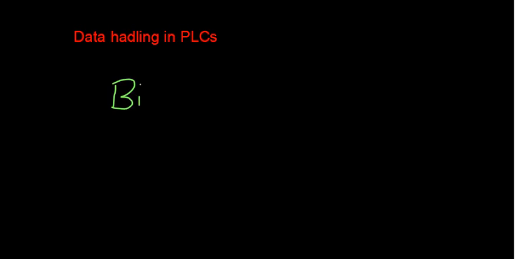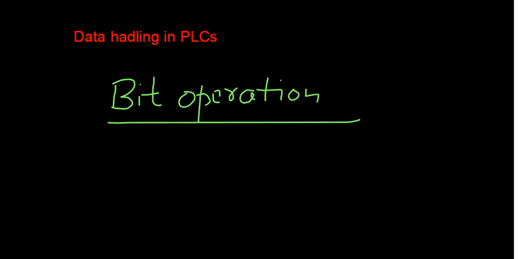In your counters, when your counter reaches the terminal count, what does reaching the terminal count mean? It is again basically a bit operation. It starts counting from 0, 1, 2, 3, 4, 5, something like that, right? It is one bit operation. Shift register also is a bit operation.